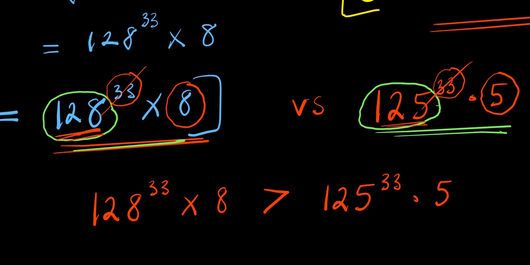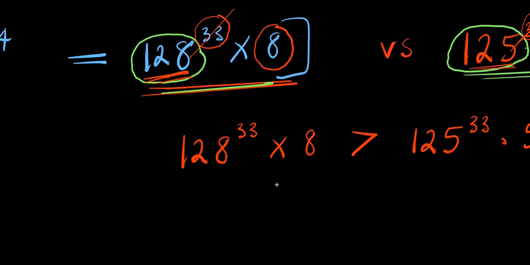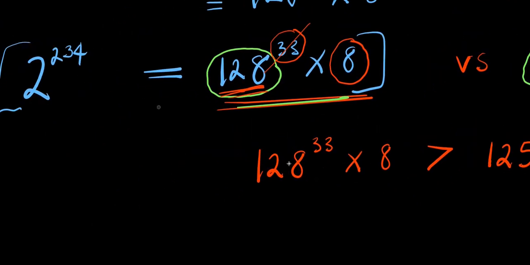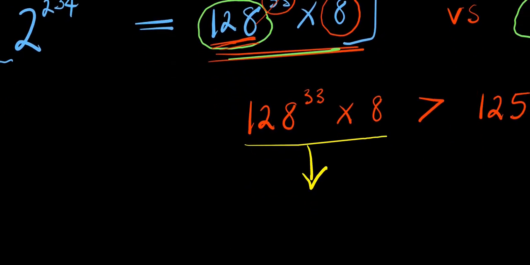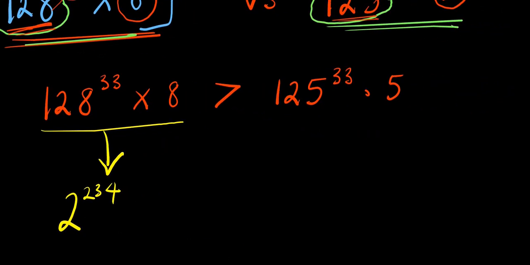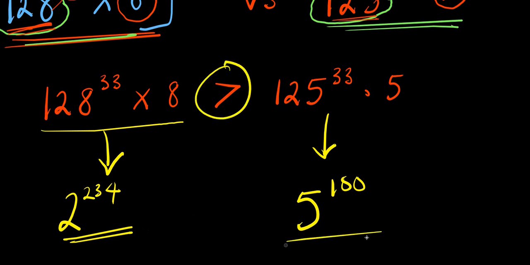And not only that, this 128 to the power of 33 times 8 is the same thing as 2 to the power of 234, while this one here is the same thing as 5 to the power of 100. So at the end of it all, 2 to the power of 234 is greater than 5 to the power of 100.